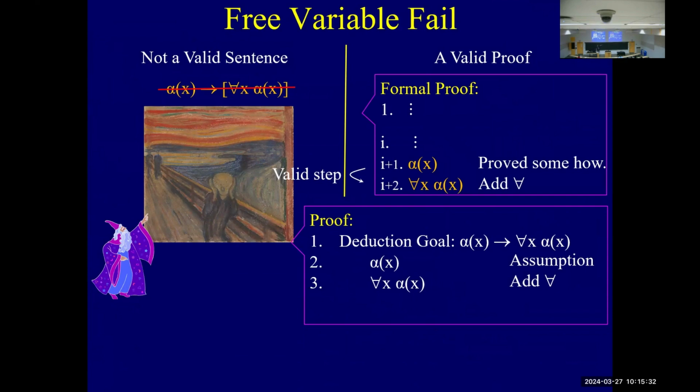Suppose I try to prove this, right? How do I prove it? Well, my goal is to prove this statement. So I assume this line, right? And then I can add the for all x, right? And so then I get my proof, right?